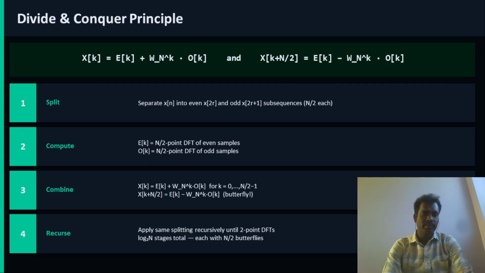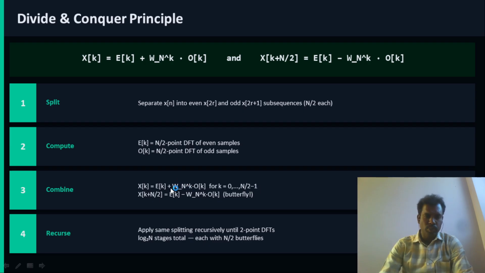So two n by 2 point DFTs are calculated. We compute an n by 2 point DFT for even indexed samples and again an n by 2 point DFT for odd indexed samples, and we combine these two and perform multiplication by the twiddle factor. One output is combined with another output by multiplying the second output with a twiddle factor, and the first n by 2 values are calculated by adding the first half output with the product of the second half with the twiddle factor.